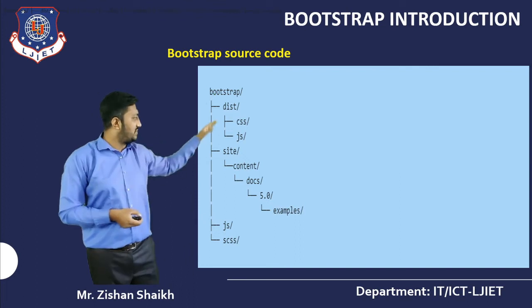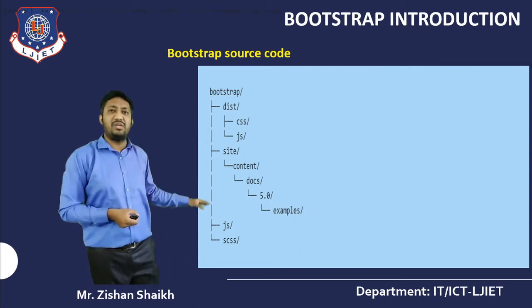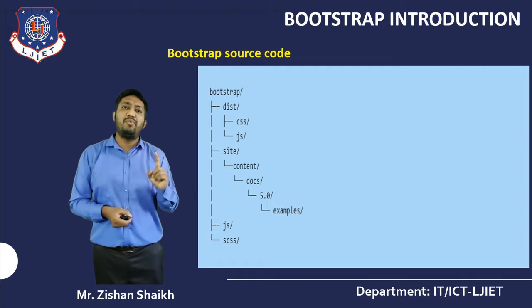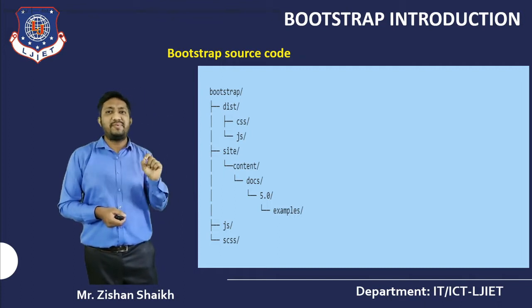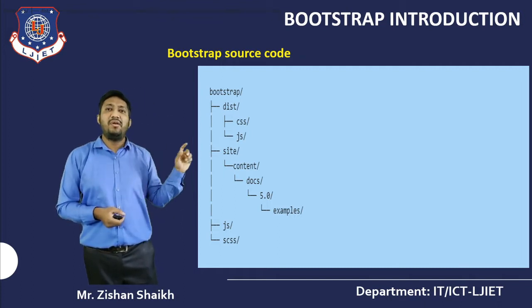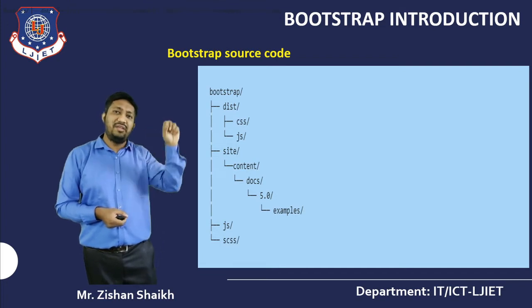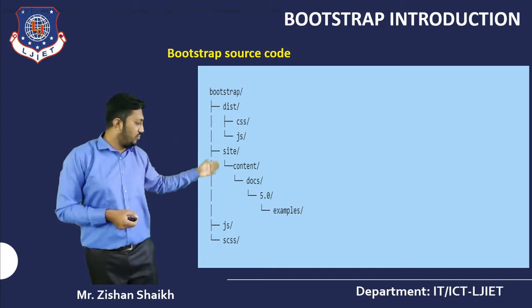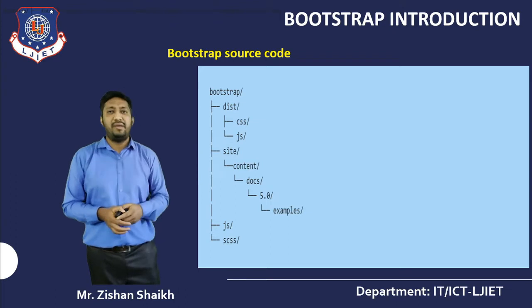This is the basic directory structure of Bootstrap. When you download Bootstrap from the website getbootstrap.com, you can see this directory, and according to that these classes will be maintained.